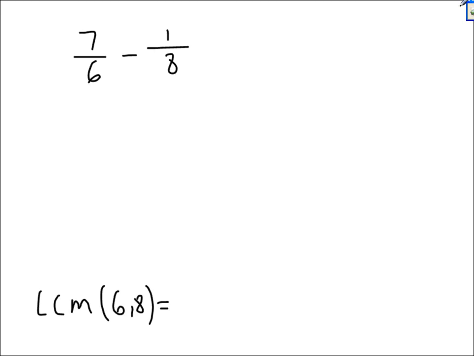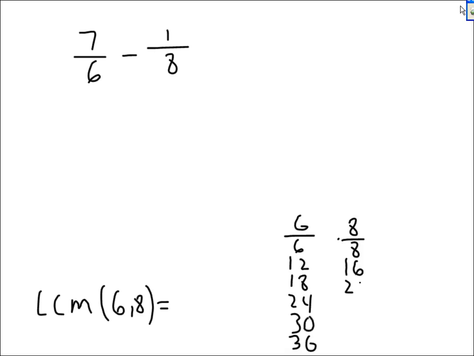In this case, it's going to be 24. 6, 12, 18, 24. If you know your times table, you can make up this table fairly easily with no error. And then you say, oh, 24 is the first number on the list.